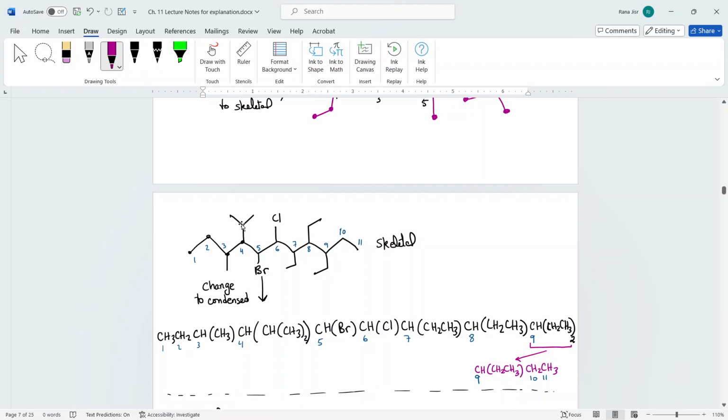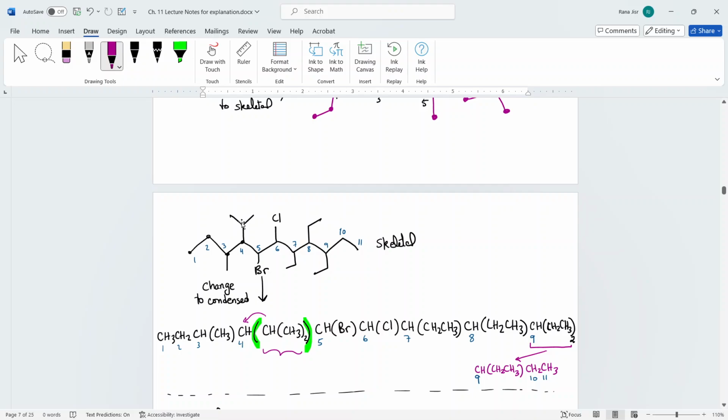For this example, we do have a case of a branch on a branch. So if you look at carbon number 4 is connected to a CH, and on that CH, I have 2 CH3s. So all what you need to do is just open a big parentheses. Let's highlight. Open a big parentheses on carbon number 4, because everything that belongs to this parentheses is actually on carbon number 4.